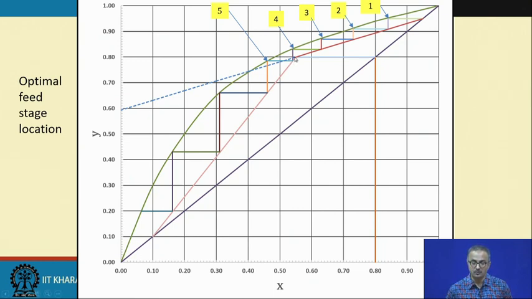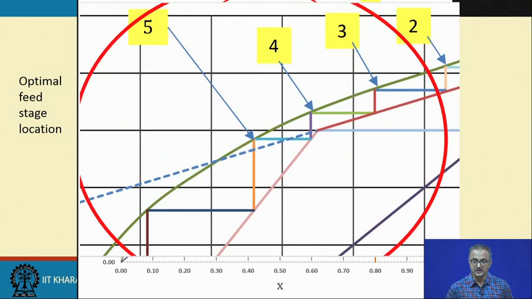Now, when we want to know at what point the feed has been introduced, somewhere here, we zoom into this part, and we see that at this particular point we are introducing the feed.